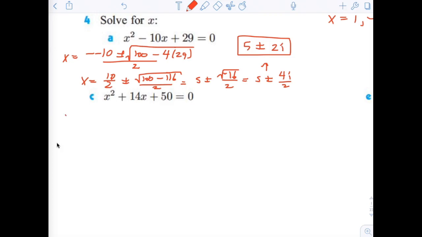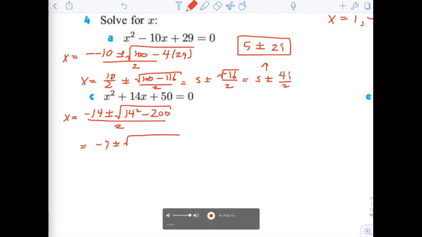Okay, x equals negative 14 plus or minus the square root of b squared, which is 14 squared, minus 4 times a, which is 1, times 50. So 4 times 50 is 200, so I'm just going to write 200 here. And I'm going to divide by 2a, which is 2. So it would be negative 7 plus or minus the square root of 14 squared minus 200.